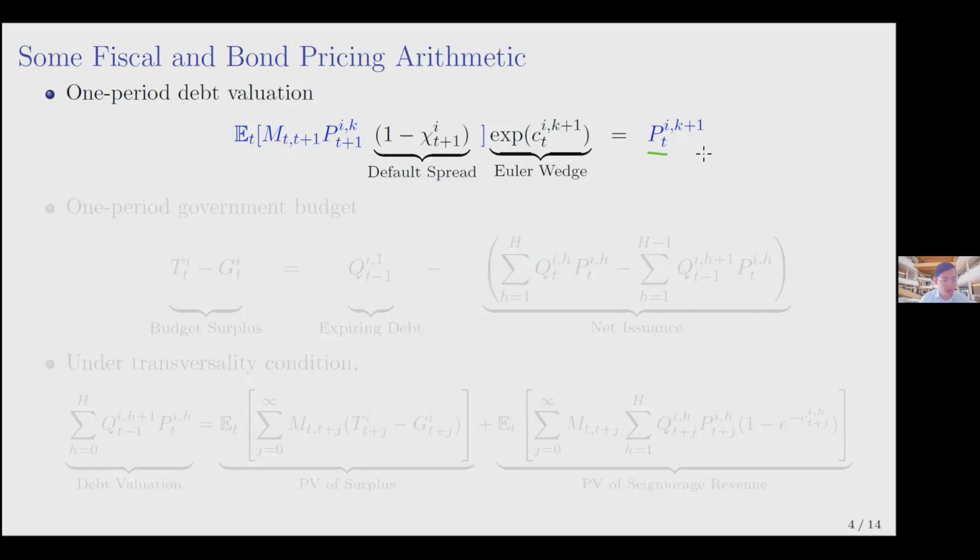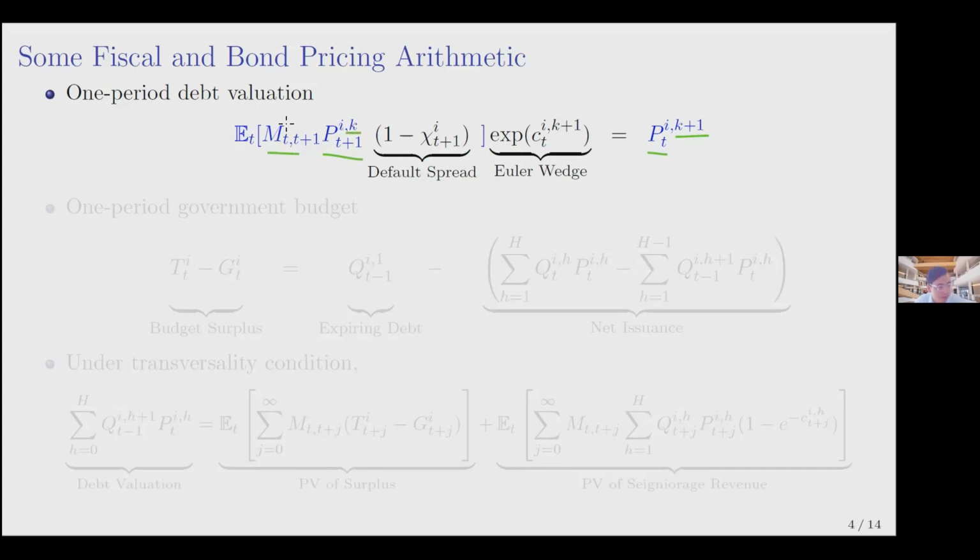If we only look at the blue parts of this formula, this is something we're very familiar with. It shows that the bond price today is the expectation of the pricing kernel times the bond price in the next period, T+1. And by having another period passed, the bond maturity also goes down from K+1 to K.